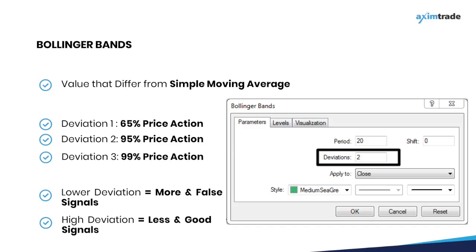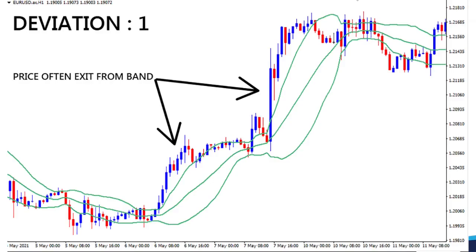However, increasing it to 3 will result in the price hardly leaving the band, making it easier to find the dynamic zone of support and resistance. Thus, lower Bollinger Band settings will generate more trading signals, but will also increase the number of false signals. On the other hand, a 2.5 or 3 standard deviation will generate fewer but high probability signals.